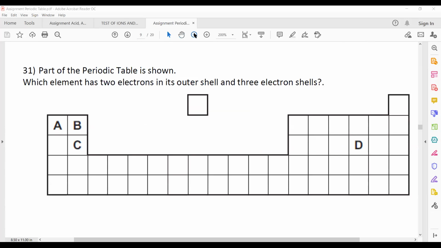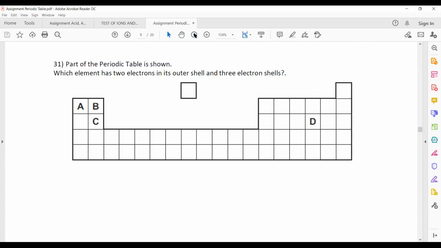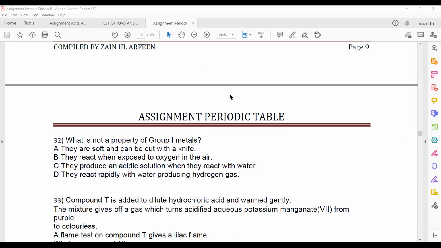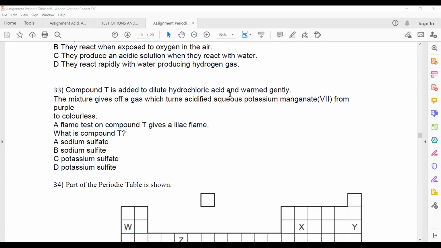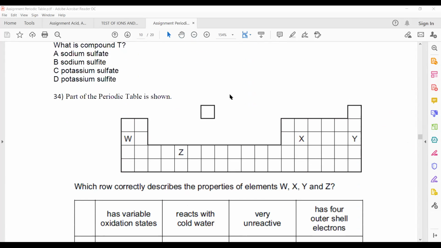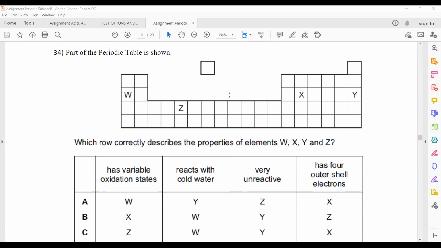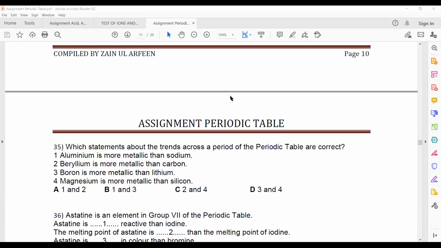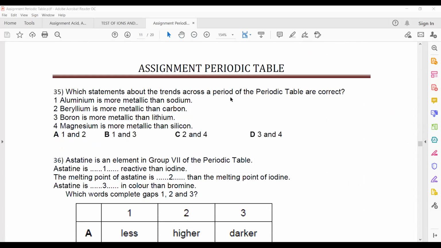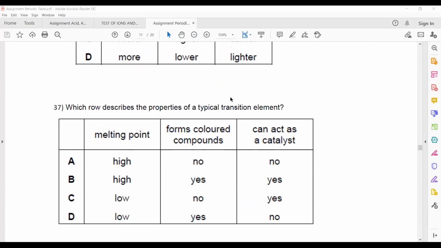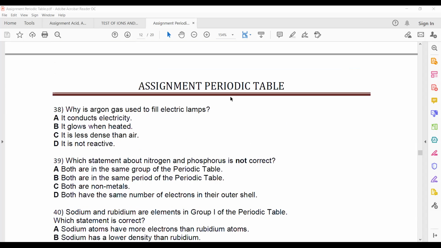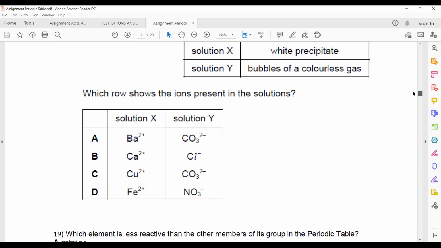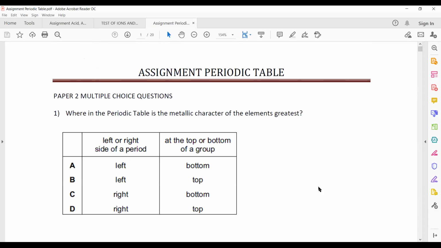So these are some questions related to alkali metals. We'll continue this topic tomorrow and discuss group 7 halogens, group 8 and the transition elements.